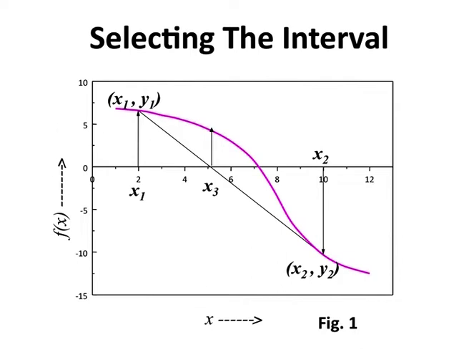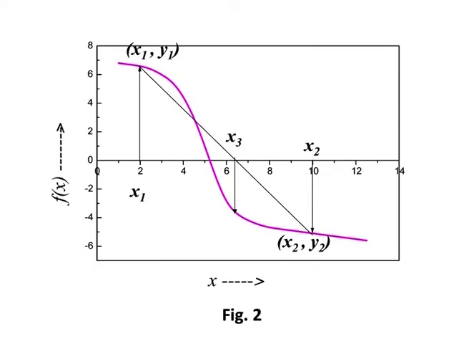In the next figure, you can see another function, and for this function we have these 2 points x1 y1 and x2 y2, and we draw a line. This line crosses the x axis at x3, and now you can see that the interval of interest is that interval which includes the root, that means the x value where the function is 0.